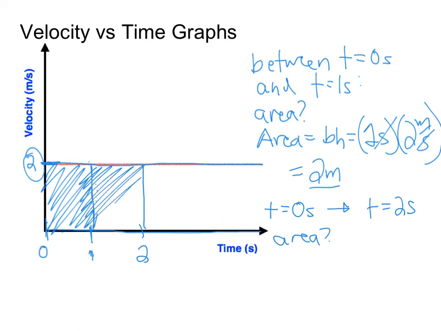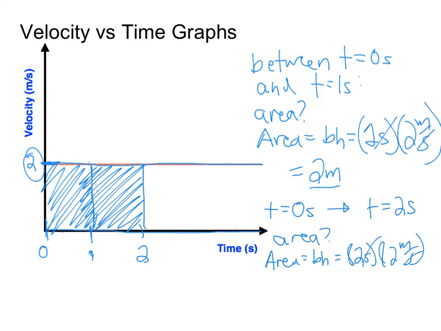And we see our rectangle gets larger. And we know area is equal to base times height. And this time we've got a base of 2 seconds and a height of 2 meters per second. This gives us positive 4 meters.